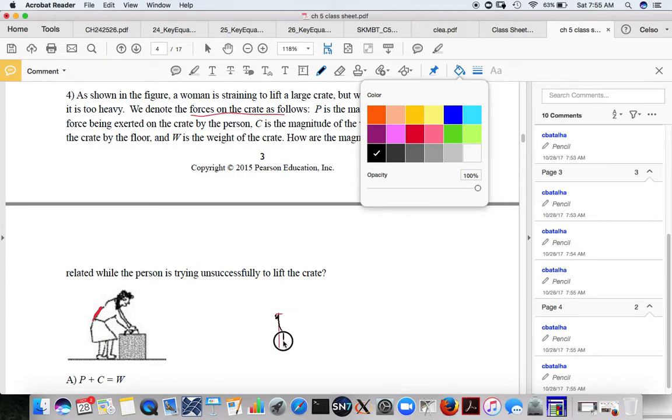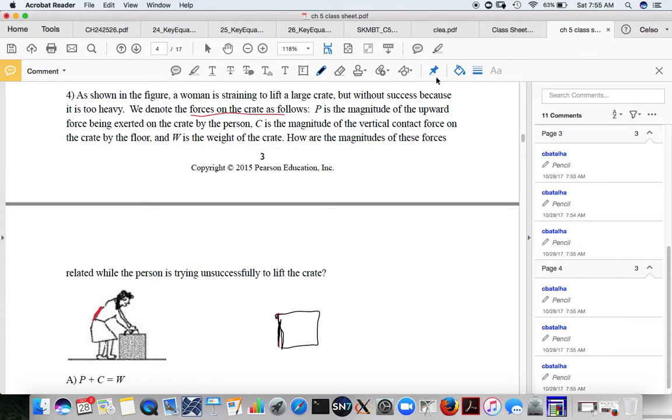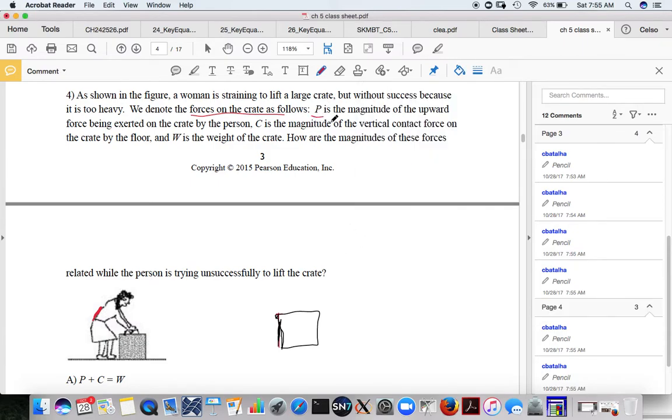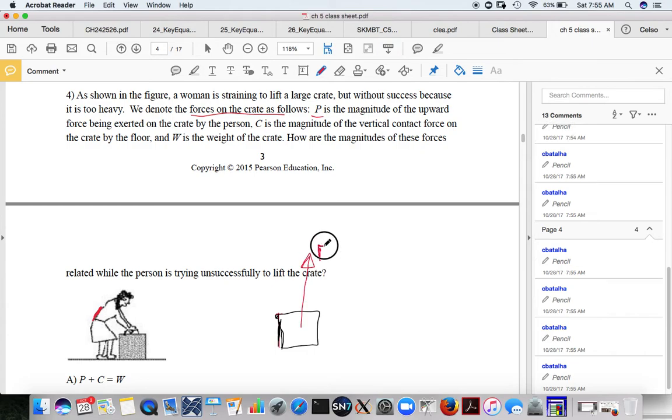So here's the crate, and let's indicate the forces on it. P is the magnitude of the upward force on the crate by the person, P, person on the crate. C is the magnitude of the vertical force on the crate by the floor.